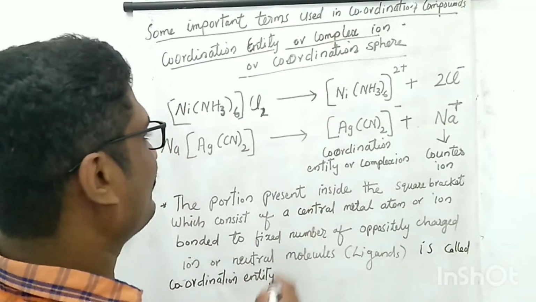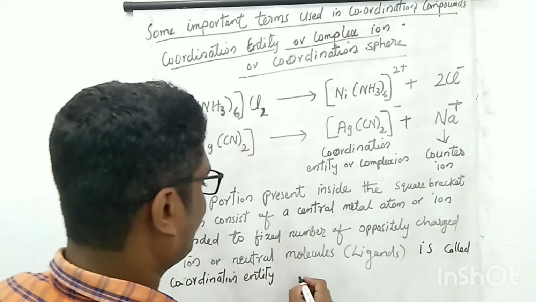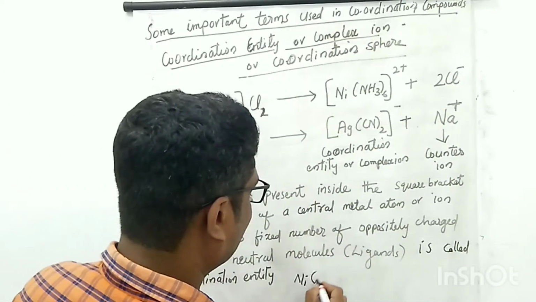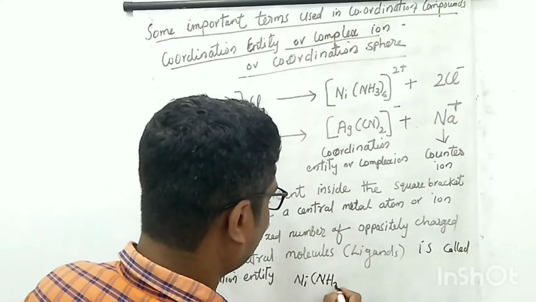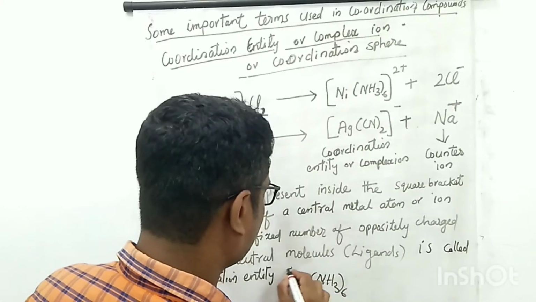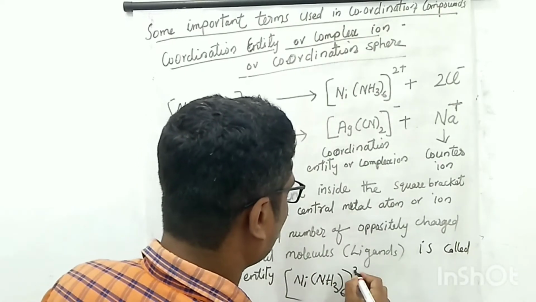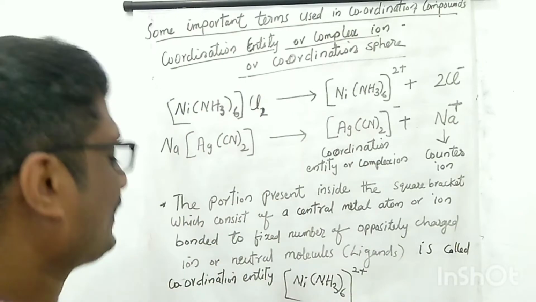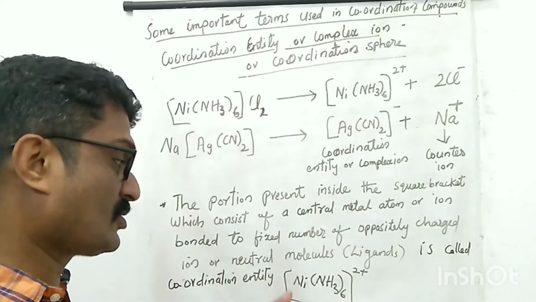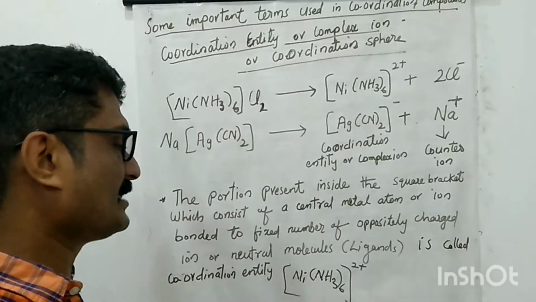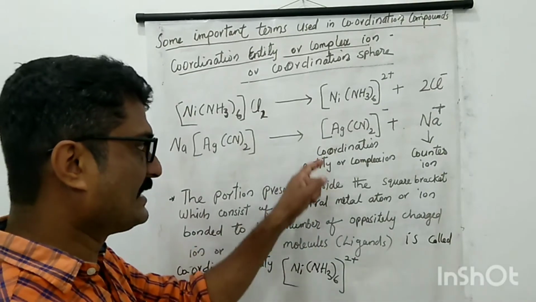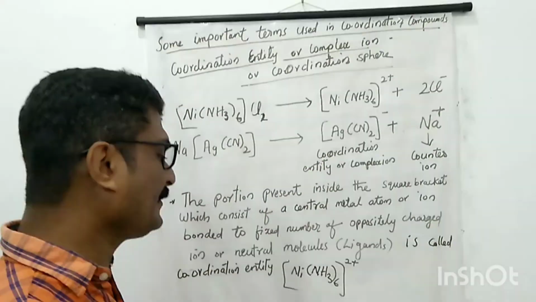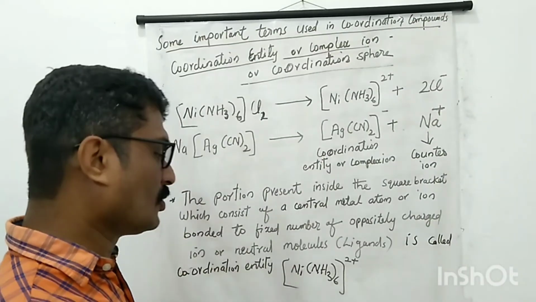Please listen to the first example: [Ni(NH3)6]2+. The portion present inside the bracket is called the coordination entity, or complex ion, or coordination sphere.